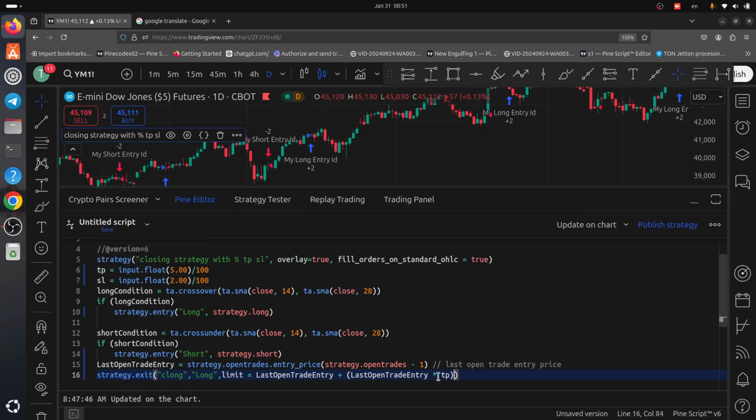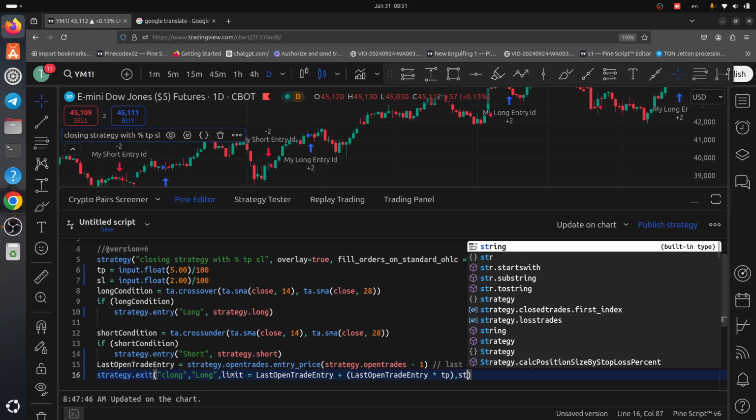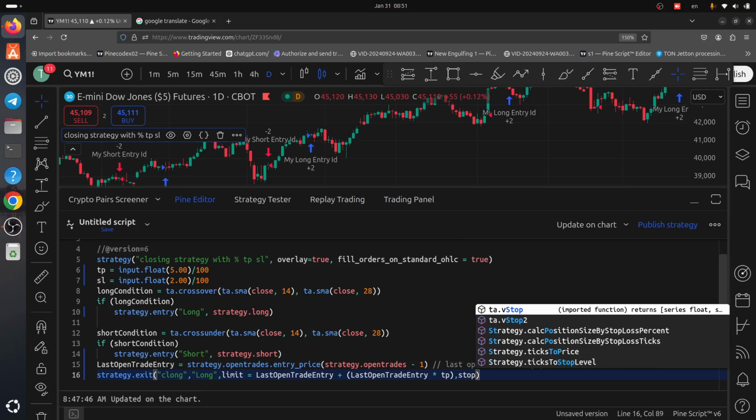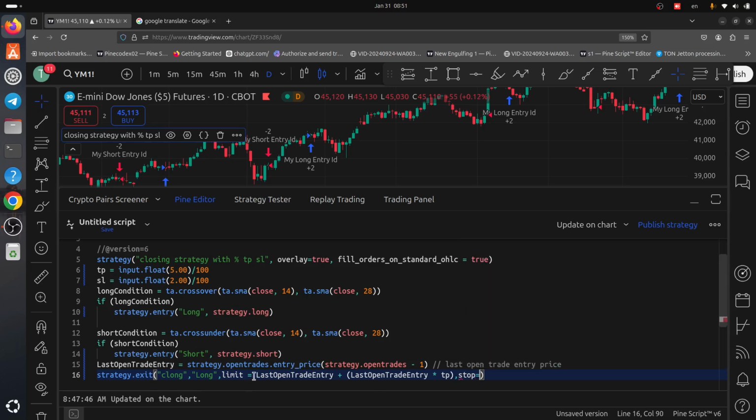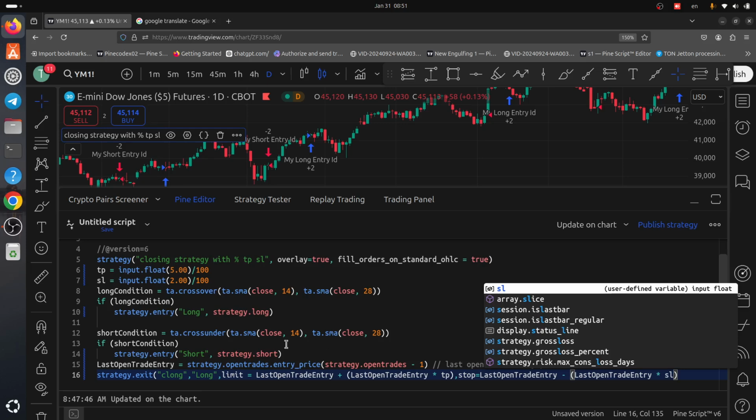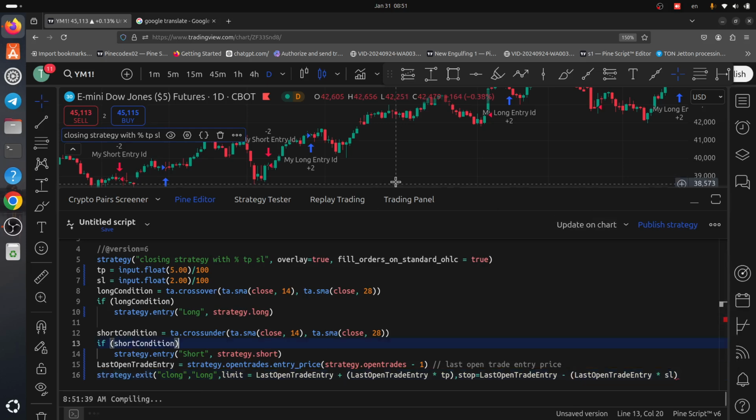Okay, and for a stop, we copy this, we do minus here, and here we write SL. Okay, let's update it on chart.